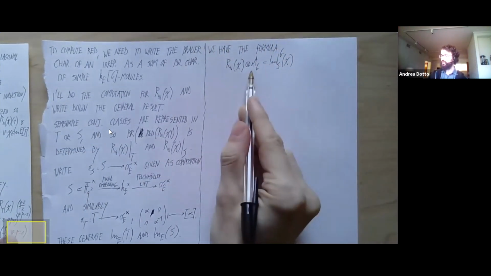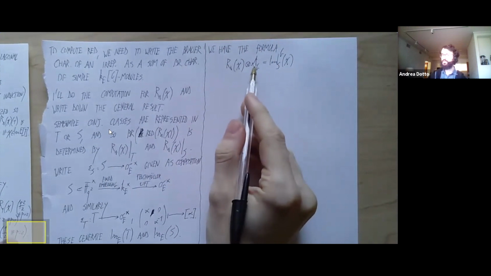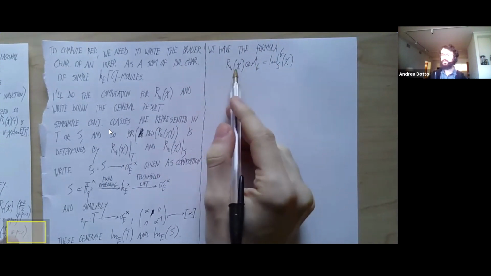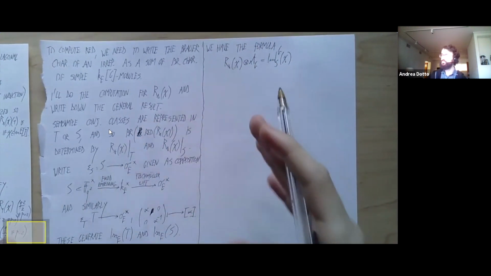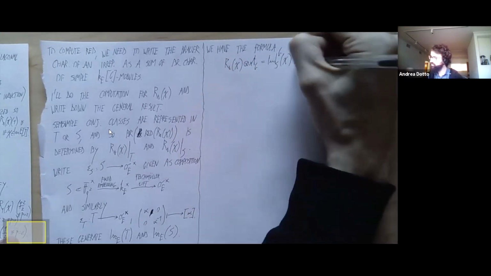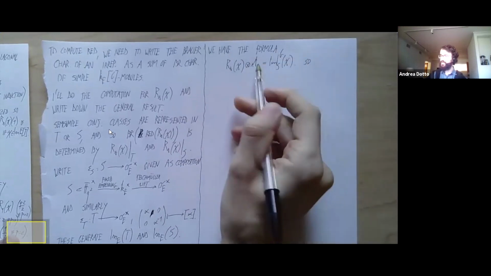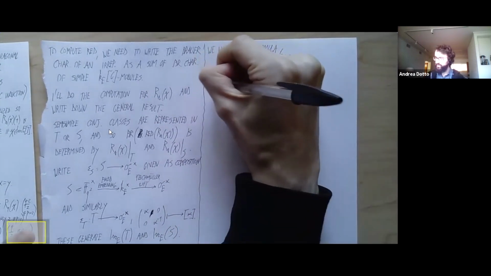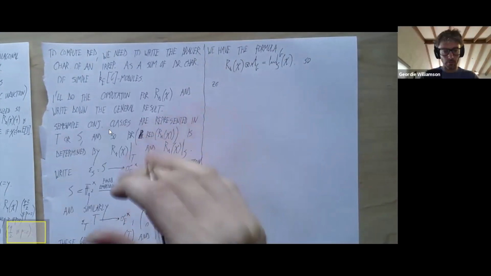And of course, the Steinberg character is exactly what you need in order to compute the values of RS of chi on semi-simple classes. It vanishes elsewhere, but it's non-zero on all the semi-simple classes. And so using the known values of the Steinberg character, which in this case you can just compute by hand, you can just write down this piece of a character table.